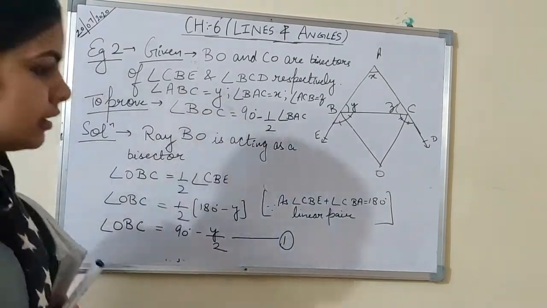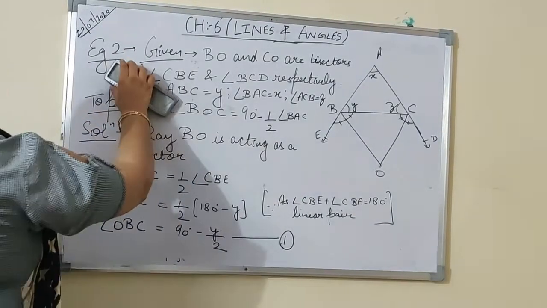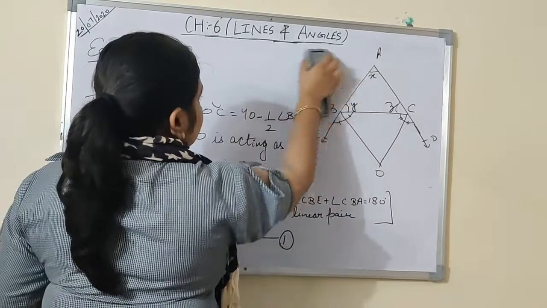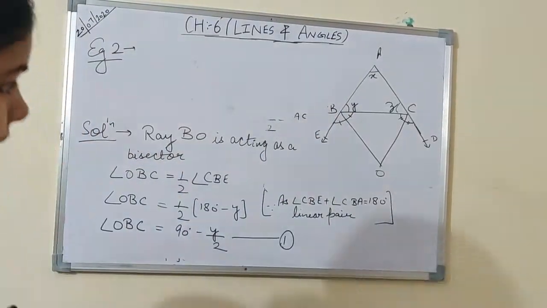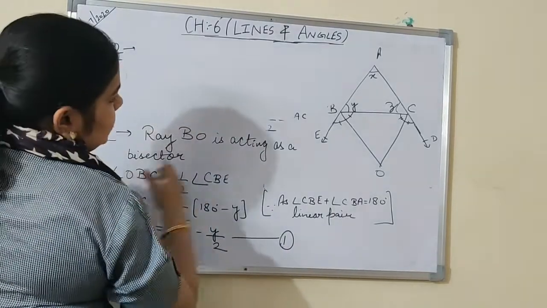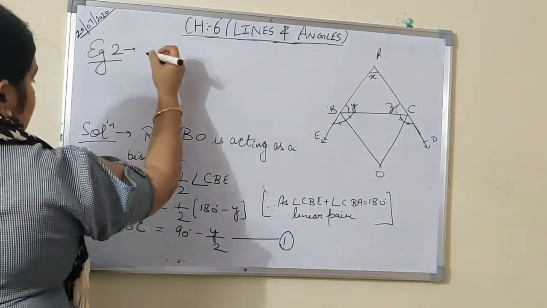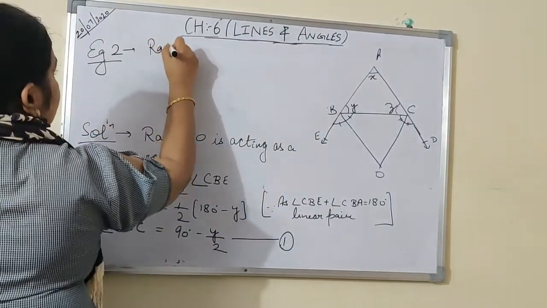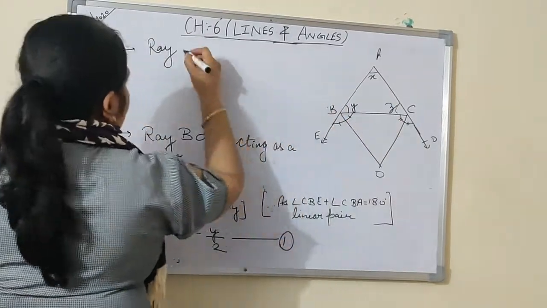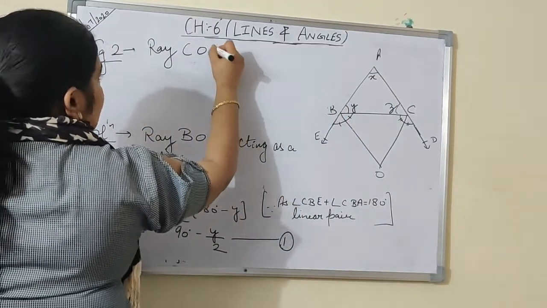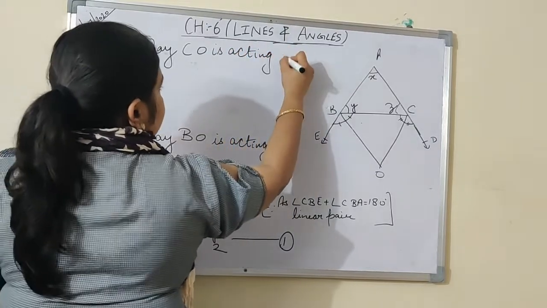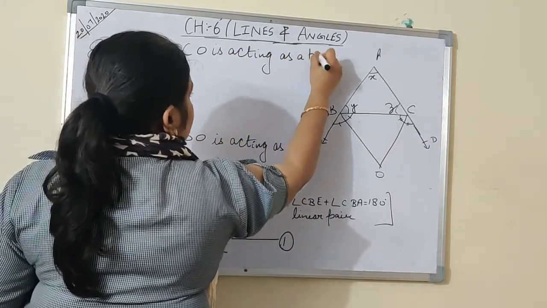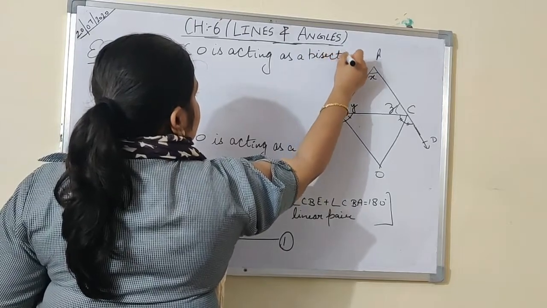Then we will take that ray CO is acting as a bisector. So what can I write?